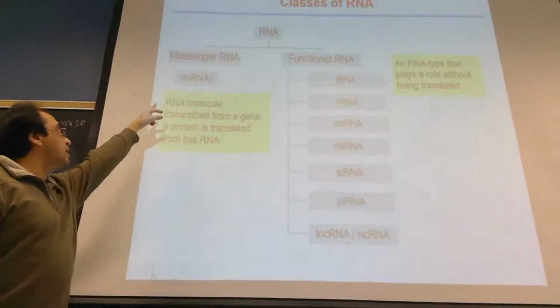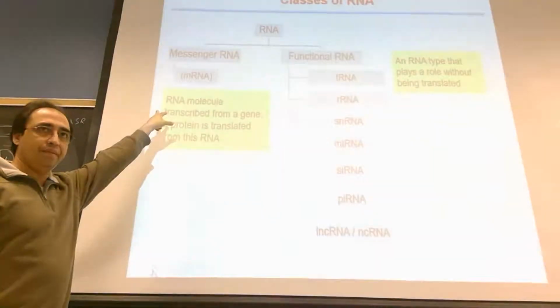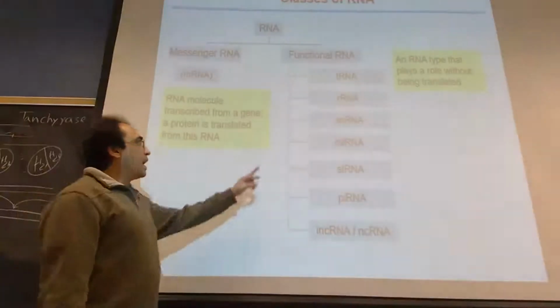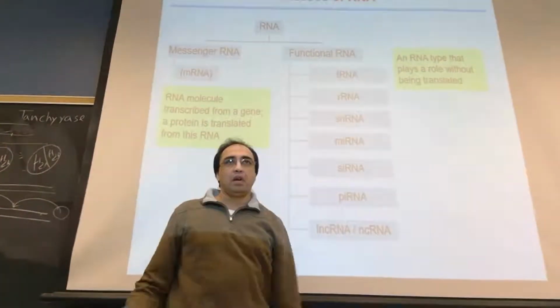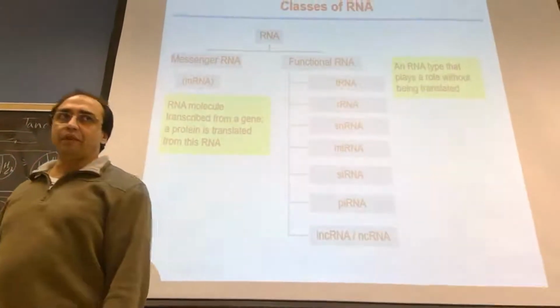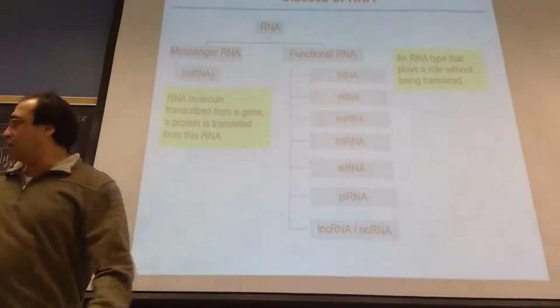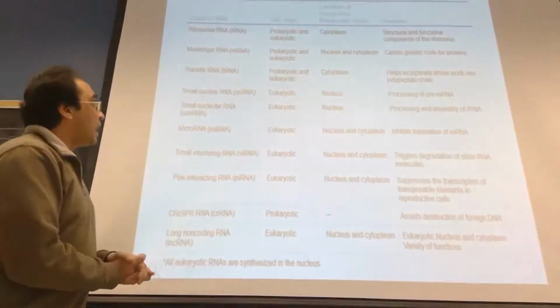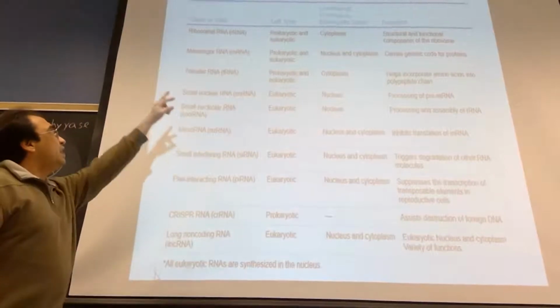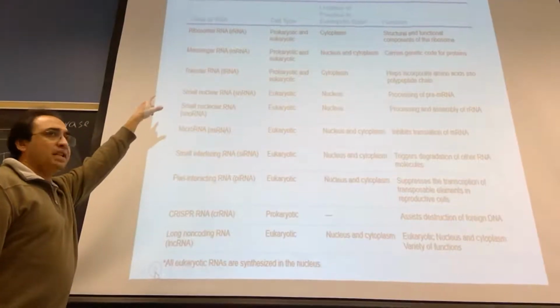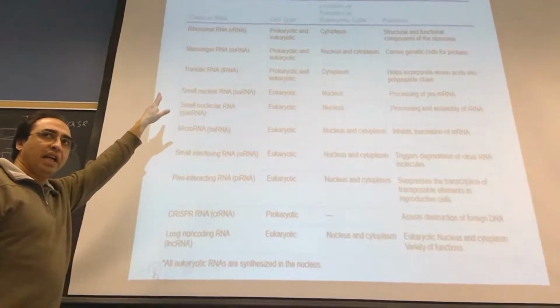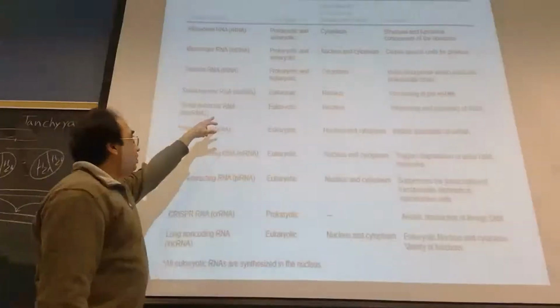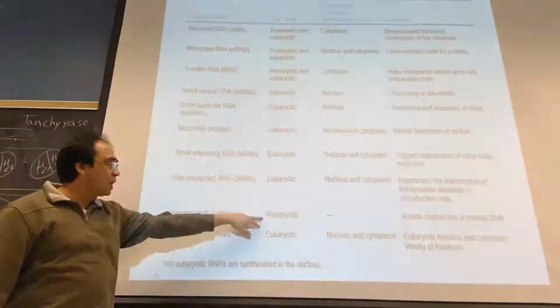Transcribing the codes is only done by mRNA, the messenger RNA. rRNA is responsible for the formation of ribosomes and other things. I'll show this in the next one. Ribosomal, messenger, and transfer RNA are found in both prokaryotes and eukaryotes. All other RNAs are mostly eukaryotic.